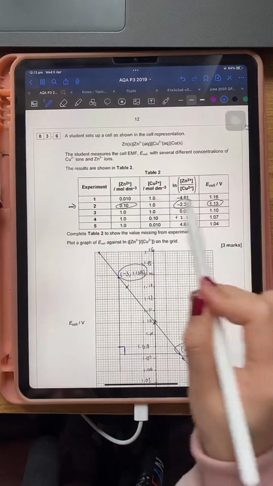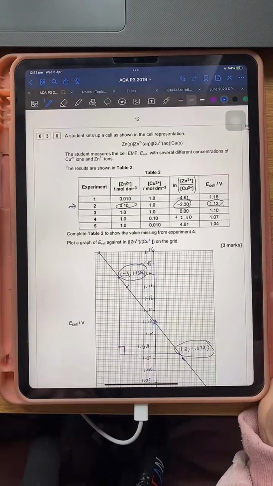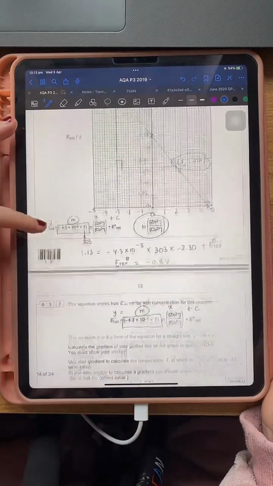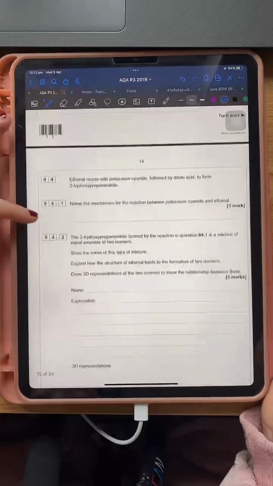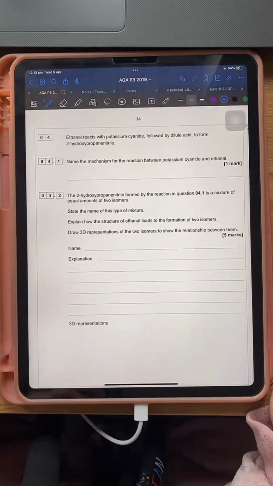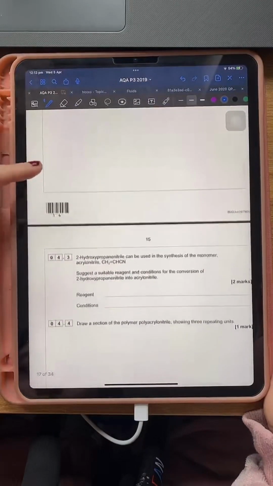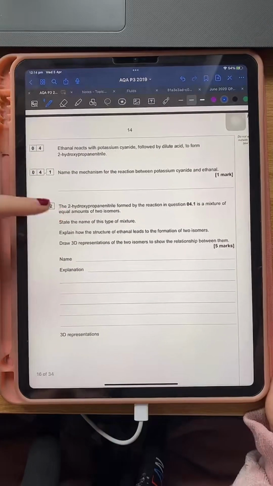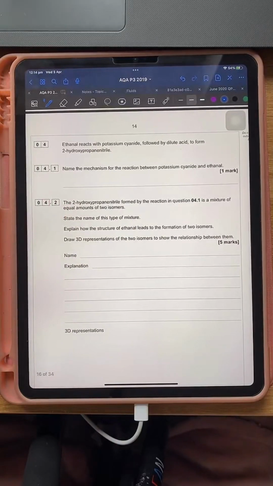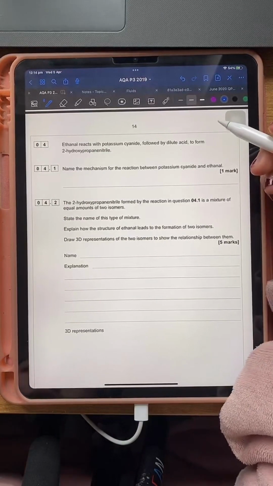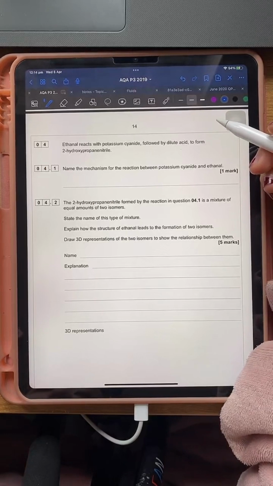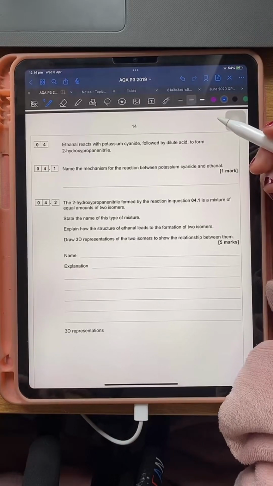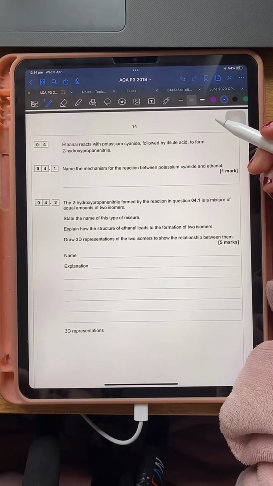And yeah. Okay. It looks like we're going into some organic questions here. So let's go through that. Ethanol reacts with potassium cyanide, followed by dilute acid to form 2-hydroxypropanenitrile. Name the mechanism for the reaction between potassium cyanide and ethanol. So we have potassium cyanide and ethanol.